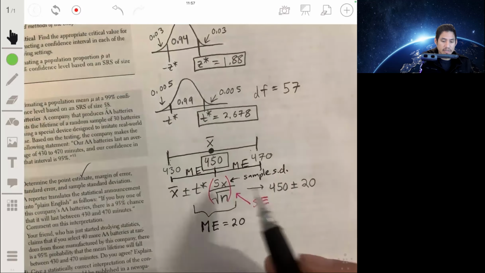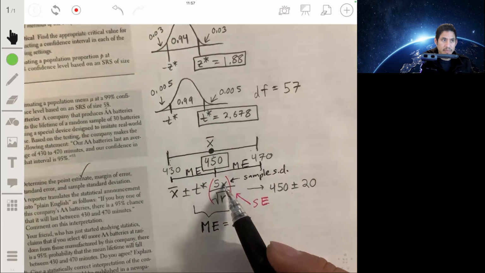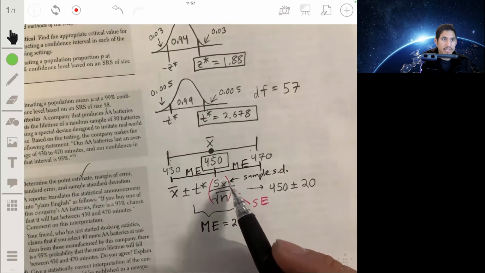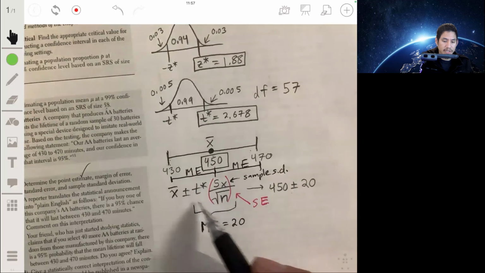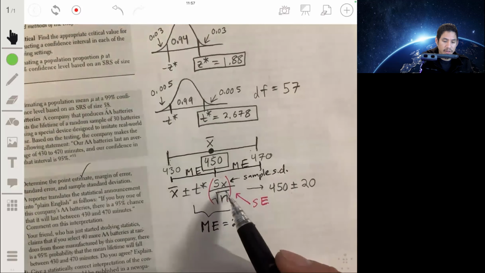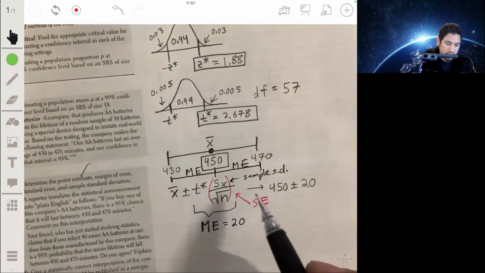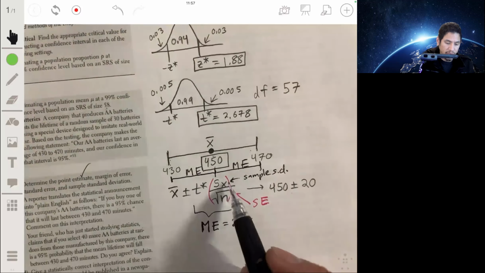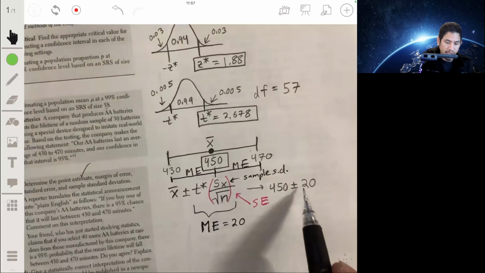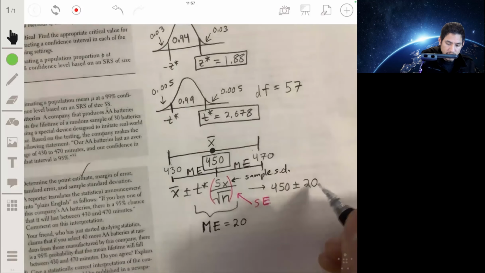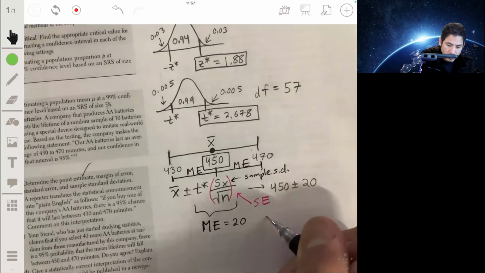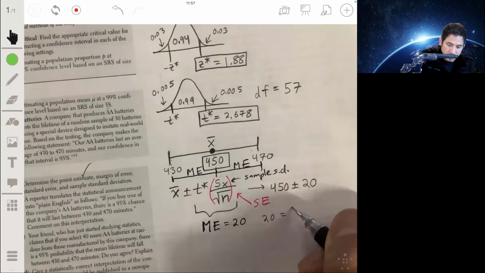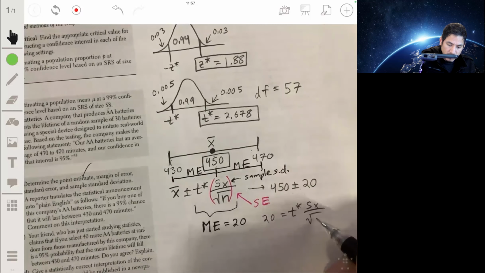To find the standard deviation of our sample, we can set this entire quantity equal to 20 and solve from there. From that same thing, we can also find our standard error. So let's go ahead and do that. We're going to set 20 equal to t star times s sub x over the square root of n.